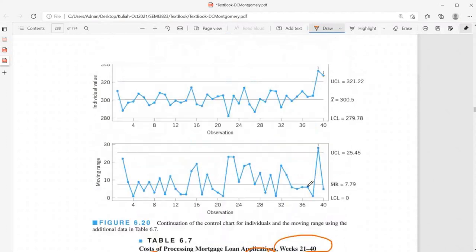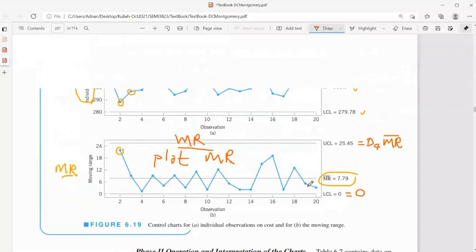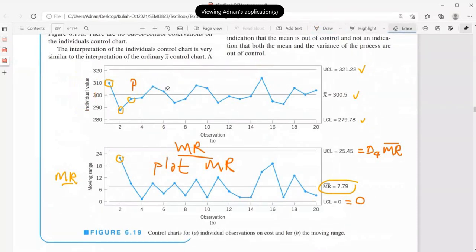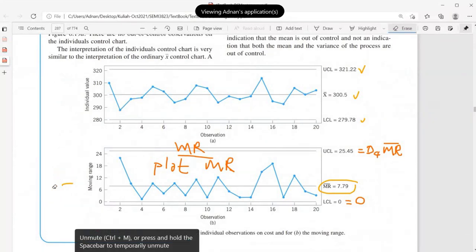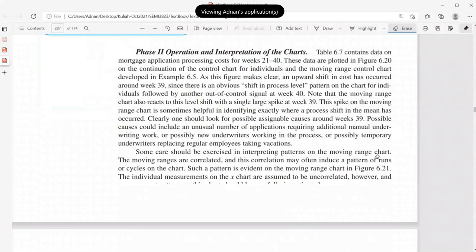So from the earlier process, is there any problem from this plot? Do you see any? This is not considering patterns, just the normal rule of a point outside the control limit. There is no point outside the control limit, right? So we can assume the process is already stable.